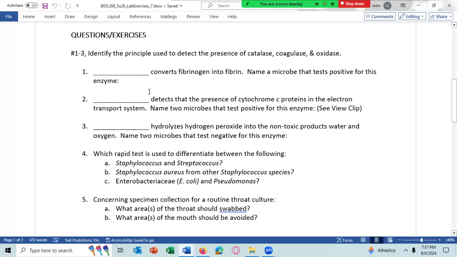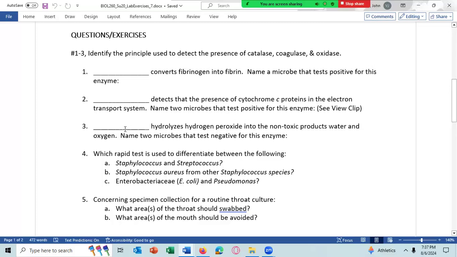So question 1, answer which of the enzymes, catalase, coagulase, or oxidase, is the correct answer for questions 1 through 3. Which enzyme converts fibrinogen into fibrin? So that's 1A. 1B, name a microbe that tests positive for this enzyme. 2A, which enzyme detects the presence of cytochrome C in the electron transport chain? 2B, name 2 microbes that test positive for this enzyme.